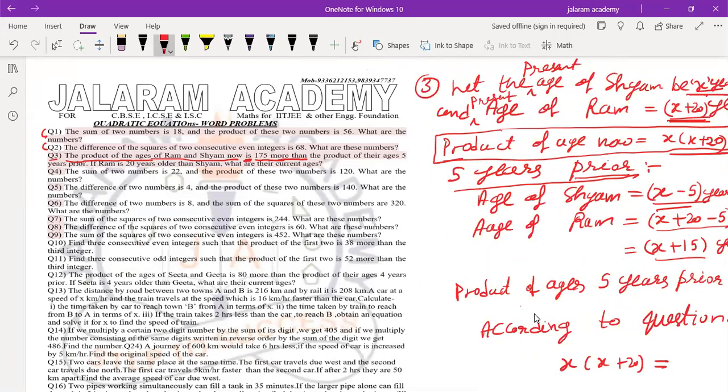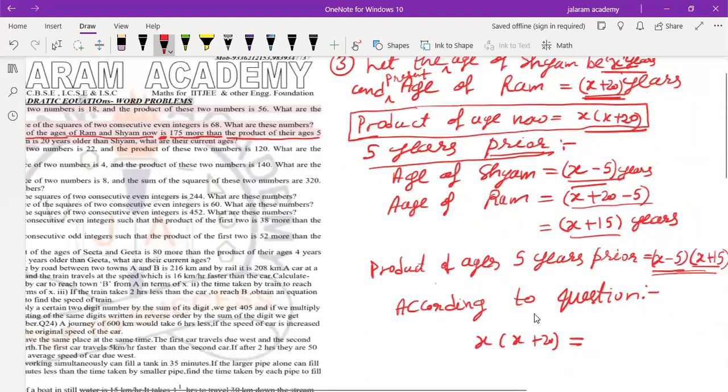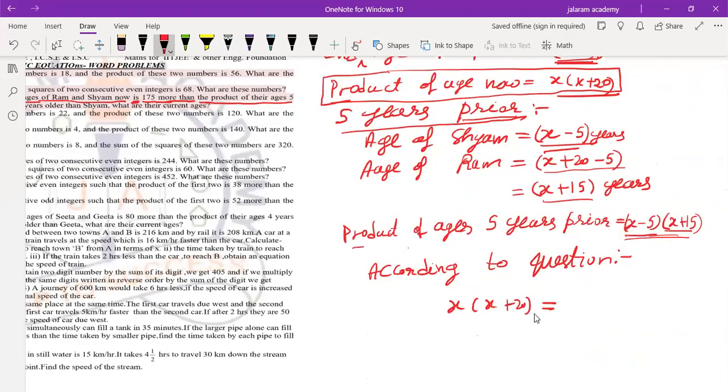So 175 more than what? What is written after that? The product of their ages 5 years prior. The product of the ages 5 years prior is x minus 5 into x plus 15.